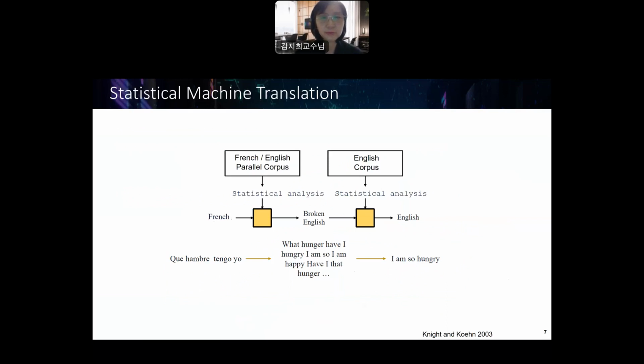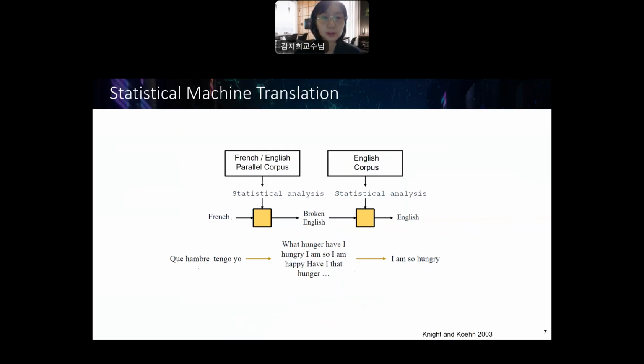So the left-hand side is French to English, and the right-hand side is the language model. If you just map French to English, phrase by phrase and word by word separately, this will be some set of English phrases and English words. It could be broken English.